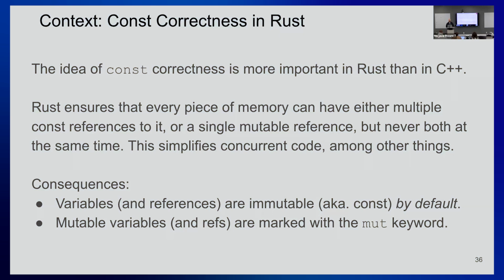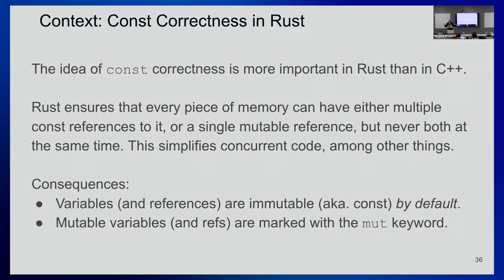This is even more important in Rust than it is in C++, mainly because Rust has an additional constraint that every piece of memory may have multiple read-only references to it, or a single reference through which it can be mutated, and the compiler will enforce this rigidly, in a static analysis kind of way, at any point in your code. This constraint has to hold.